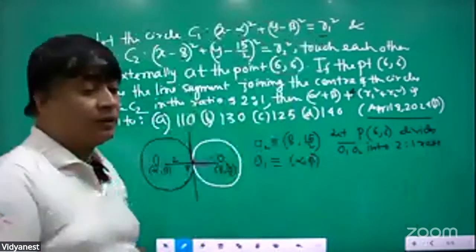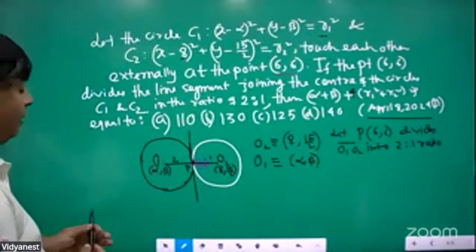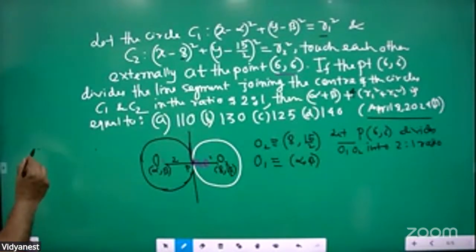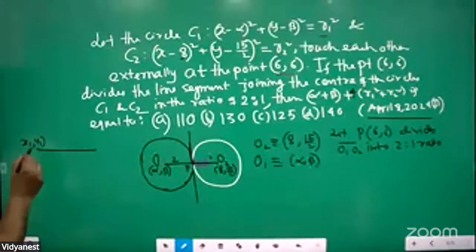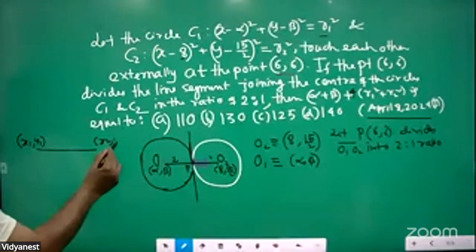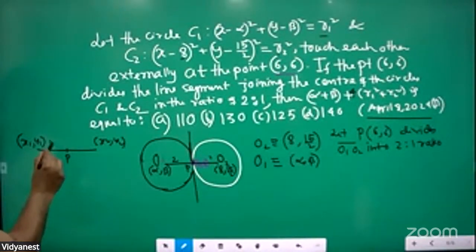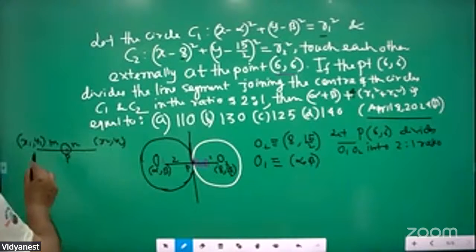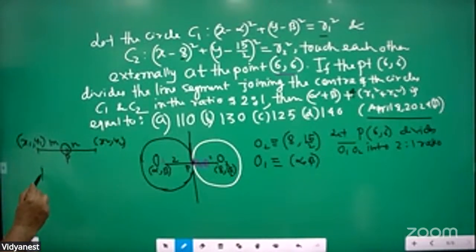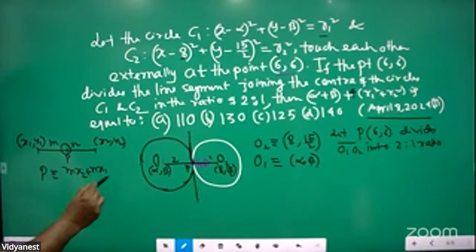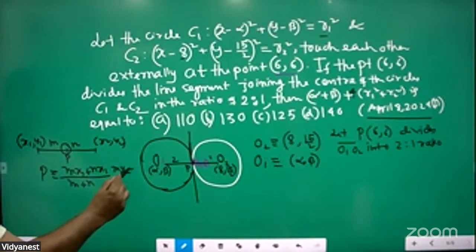So again, a recapitulation of the past. In class 9 or 10, whatever board it be, this is (x1, y1), this is (x2, y2), and this is P, with ratio m and n. If P divides the two extremity points internally, P will be (mx2 + nx1)/(m + n), (my2 + ny1)/(m + n).